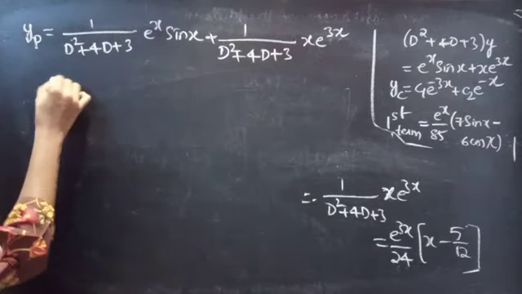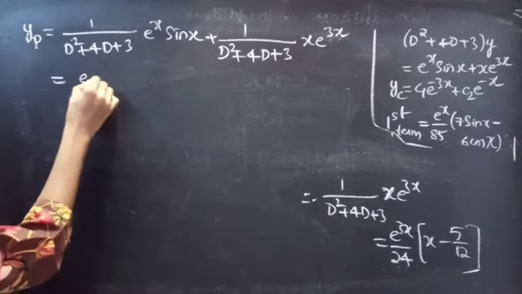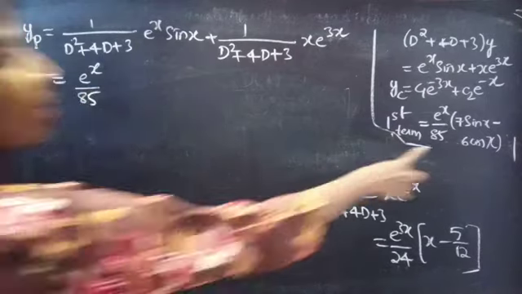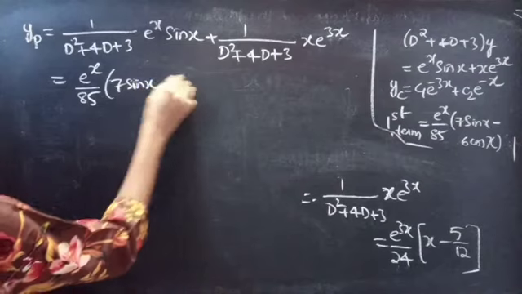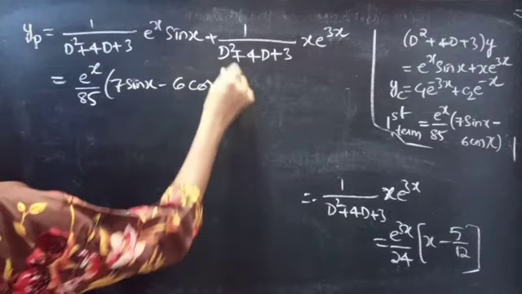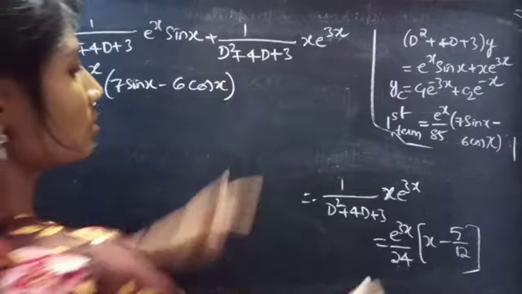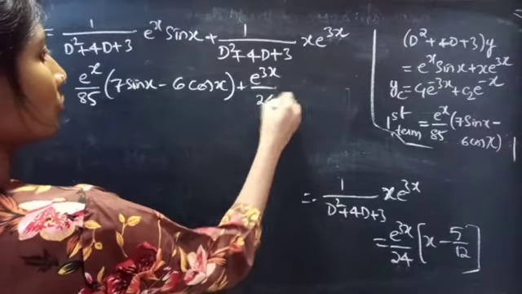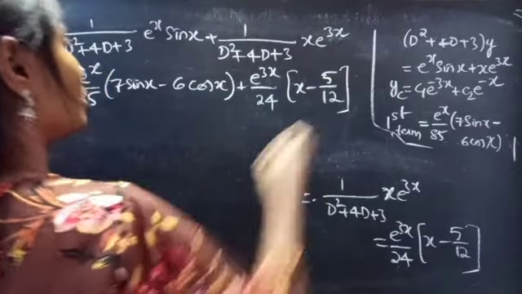Yp becomes: the result obtained from the first term is e power x by 85 into (7 sin x minus 6 cos x), right? And the result obtained from the second term is plus e power 3x by 24 into (x minus 5 by 12).